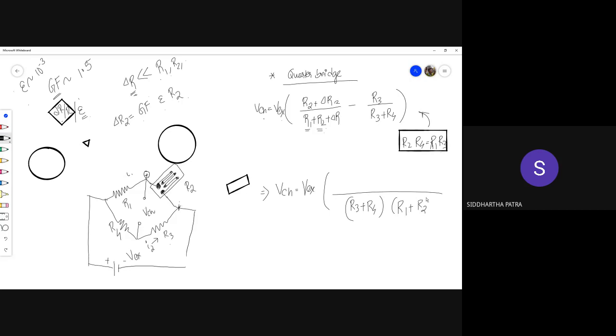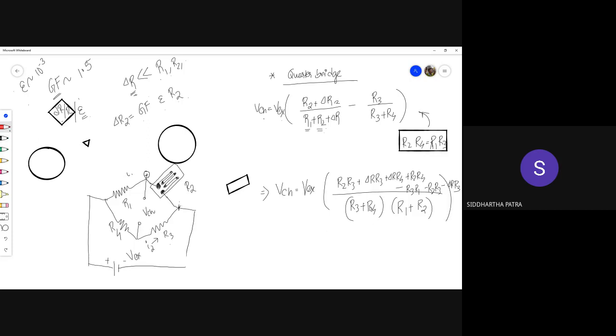In the end, we can neglect delta R, and then: R2 R3, delta R R3, delta R R4, R2 R4, minus R3 R1, minus R2 R3, minus delta R R3.